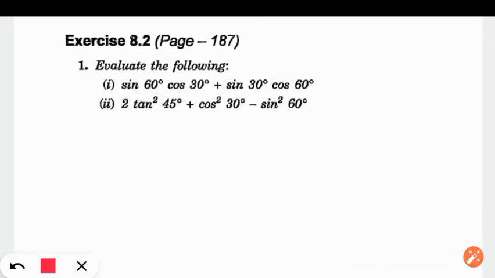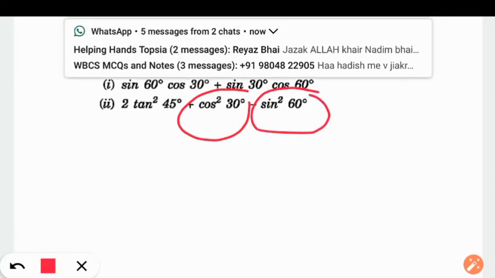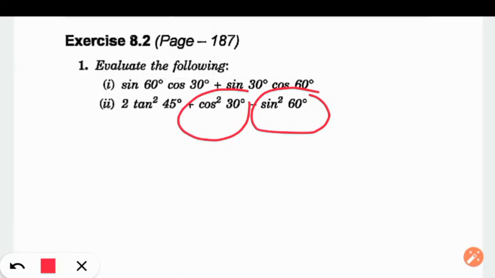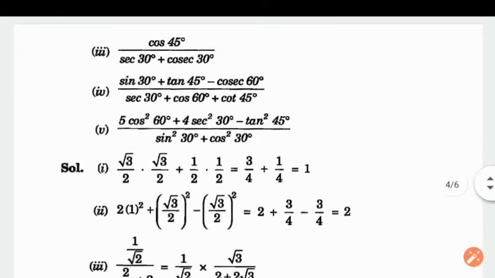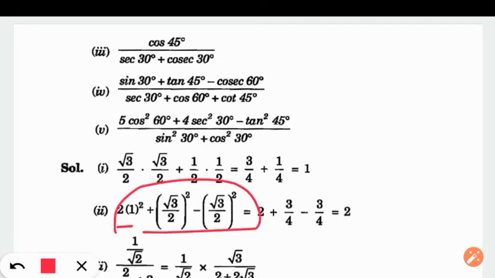The value of cos 30 degree is root 3 by 2, and since square is there, it will be root 3 by 2 whole square. The value of sin 60 degree is root 3 by 2, square is there, root 3 by 2 whole square. You will get this after writing their values. Tan square 45 degree gives you 1. So after simplification, we will get 1.